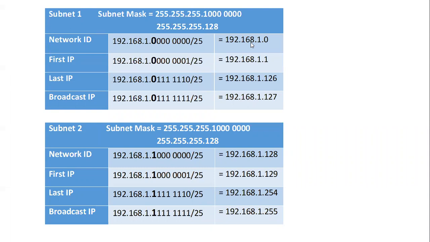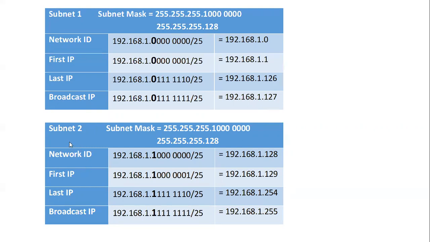The first address here will be 192.168.1.0. The first address cannot be used for a host ID because it represents the network ID. So the first address to be allocated in the network is 1.1. And the last IP address that is available is 1.126 and not 127, because 127 represents the broadcast ID.